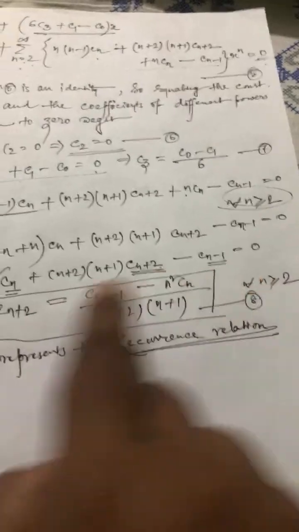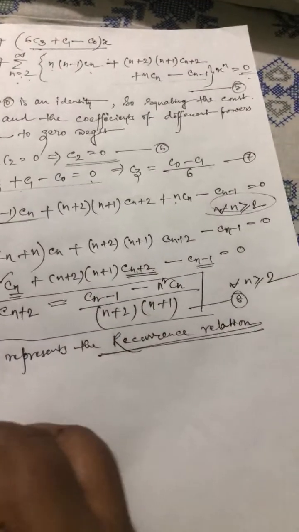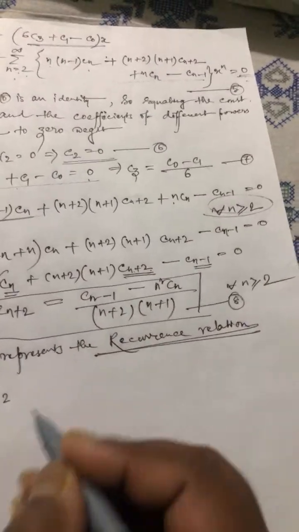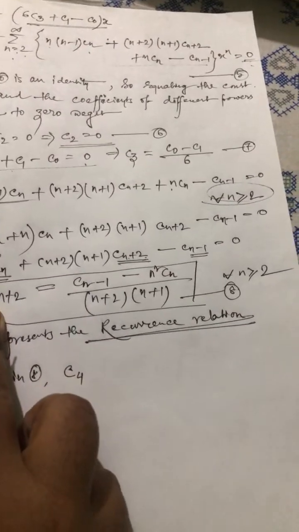Now, if you put n equals 2, just observe, automatically you will get c4. So putting n equals 2 in equation 8, you will get c4.